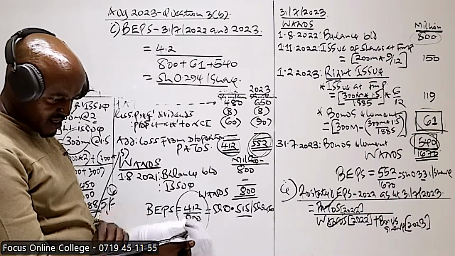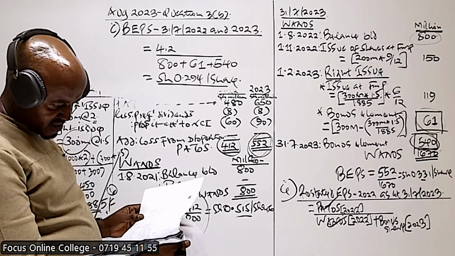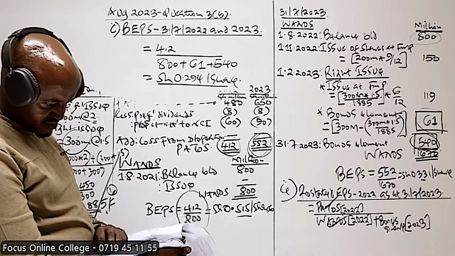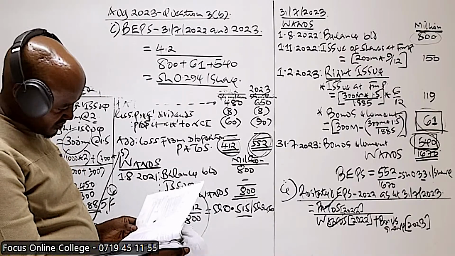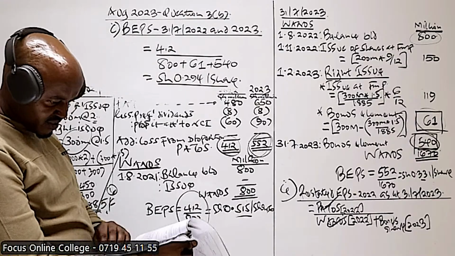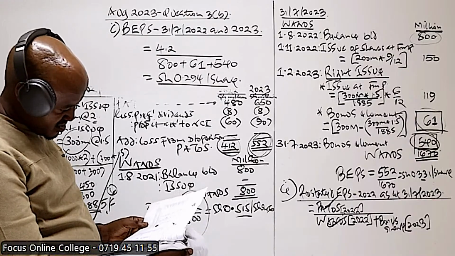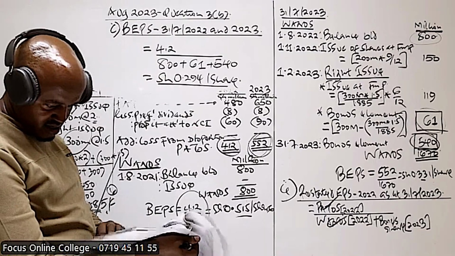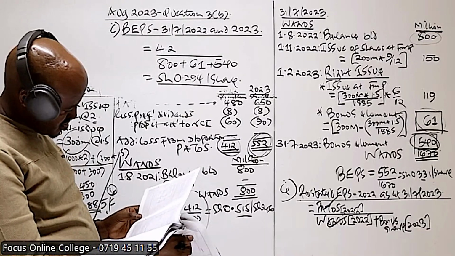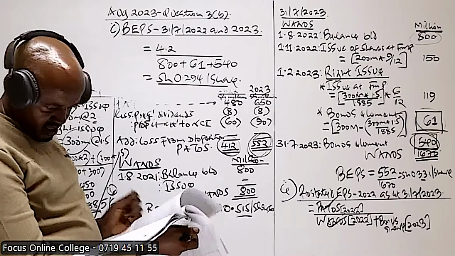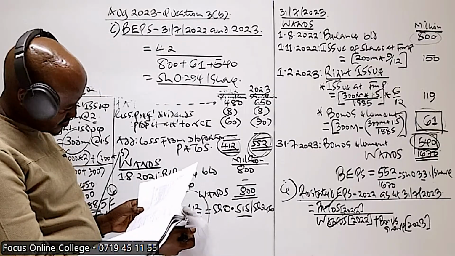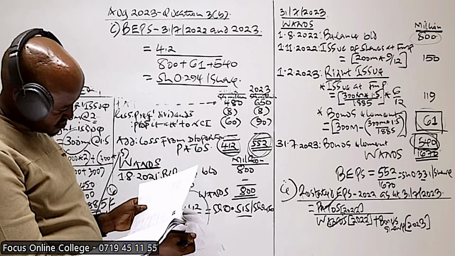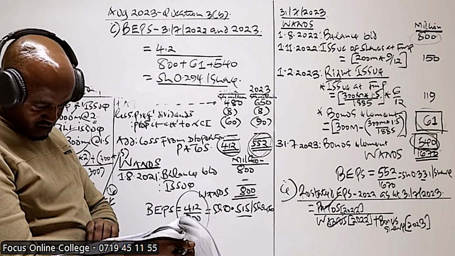I'm trying to check the other question because I've said there was a repetition of another question. This was a repetition of another question which was examined some time back. Okay, can I see the other question?